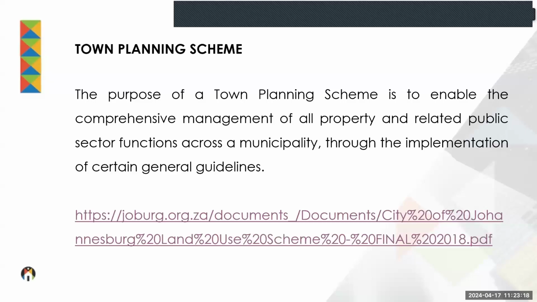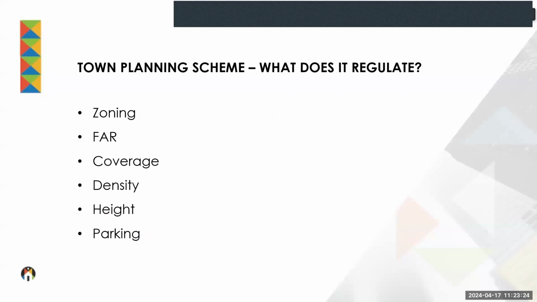Okay, let's go back to the slides. The best thing is to Google Johannesburg Town Planning Scheme, or Pretoria, or Tshwane Town Planning Scheme, or whatever it is, and you can find it there, and that will give you the requirements that you need to comply with.